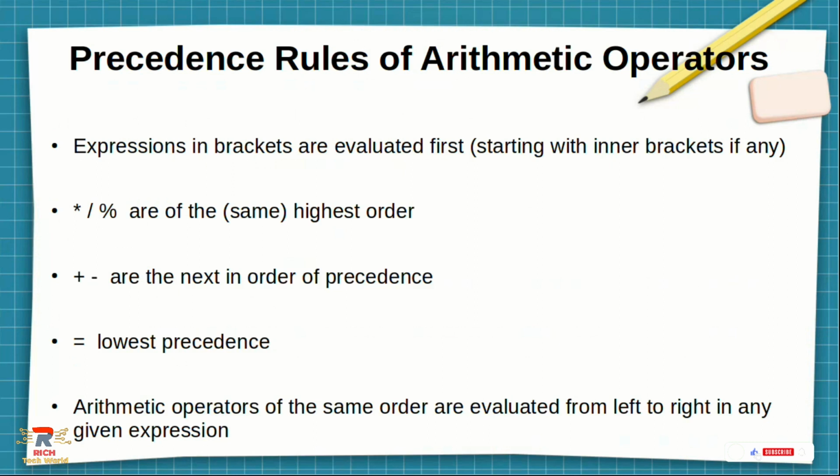For instance, if you have 1 times 2 divided by 3, the first thing you are going to evaluate is the 1 times 2. Then the outcome is going to be divided by the 3. Let's take note of that as well.